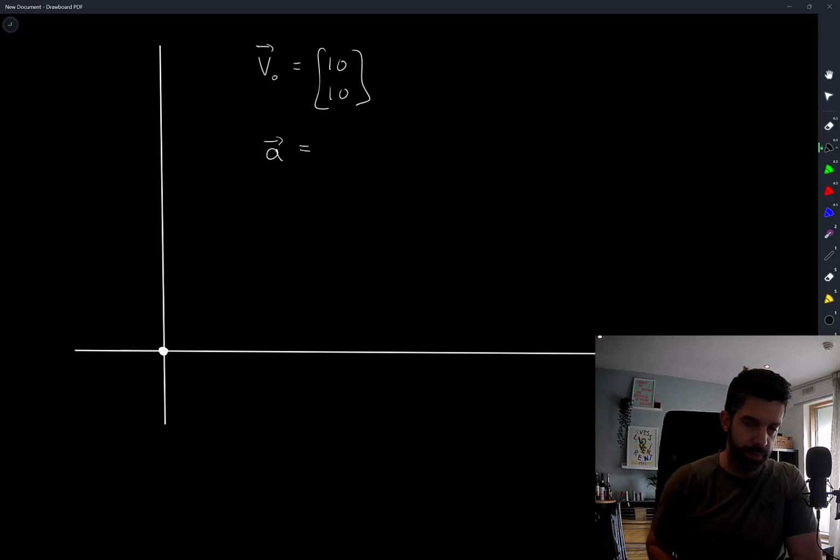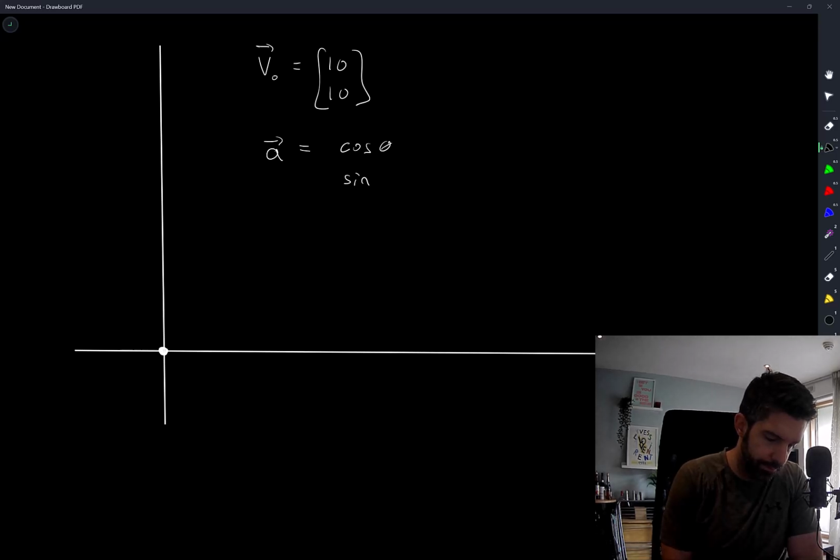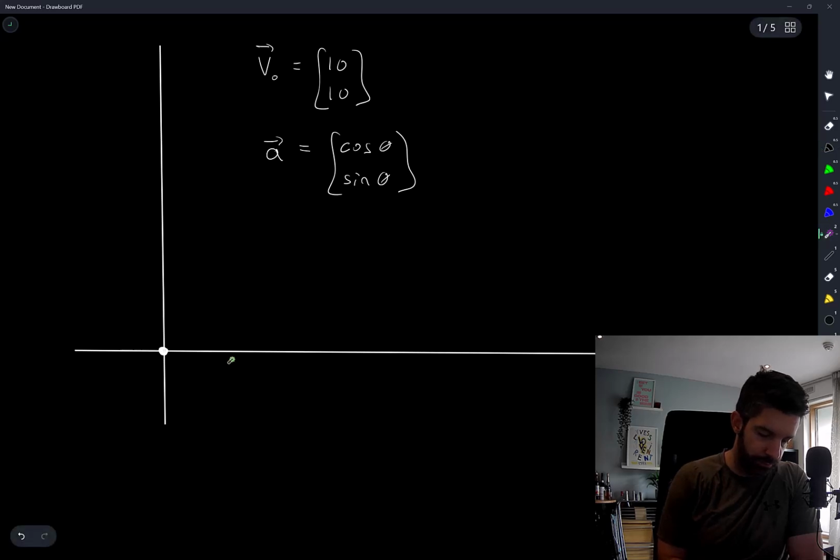The acceleration has a magnitude of 1. So the acceleration will be cos theta, sine theta, where theta is the angle that the acceleration vector makes with the horizontal axis, like that.